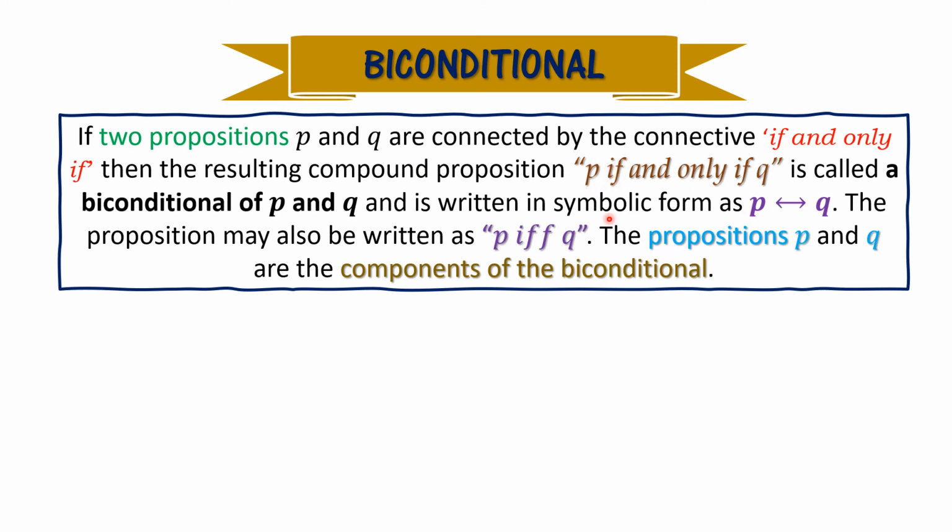This will be the format: we have the proposition P connected by if and only if, then followed by a proposition Q. Okay, and this format is called a biconditional of P and Q, and is written in symbolic form as P, then the symbol for equivalent, then Q. The proposition may also be written as P if and only if Q. So this is a symbol, iff, that is read as if and only if. Then the propositions P and Q are the components of the said biconditional.